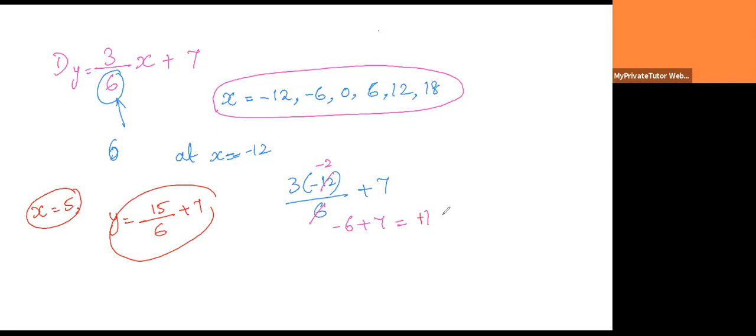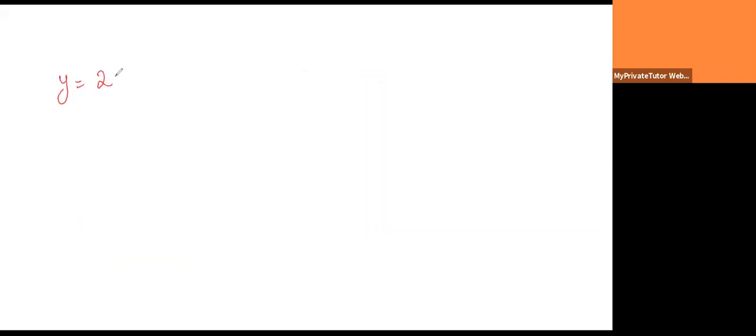What if there is no denominator? If we don't have any denominators, such as 2x plus 7, go ahead and assume any of the values you like. Please use continuous values. For example, you can use 0, 1, 2, 3, 4, and so on. You can use some negative values like -3, -2, -1, 0, 1, 2, 3.